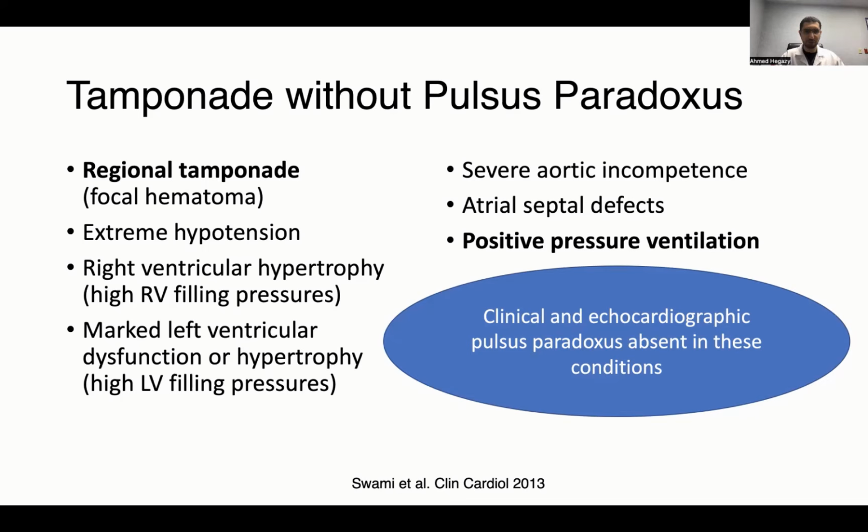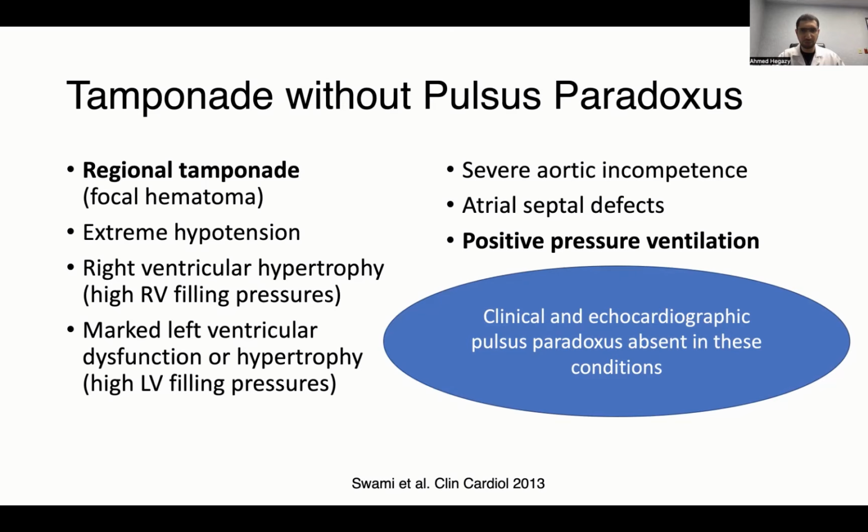If the patient has increased right ventricular filling pressures and right ventricular hypertrophy, or increased left ventricular filling pressures and left ventricular hypertrophy, in both of these conditions, you may develop tamponade without showing pulsus paradoxus. With severe aortic incompetence, you get an increased left ventricular filling pressure.